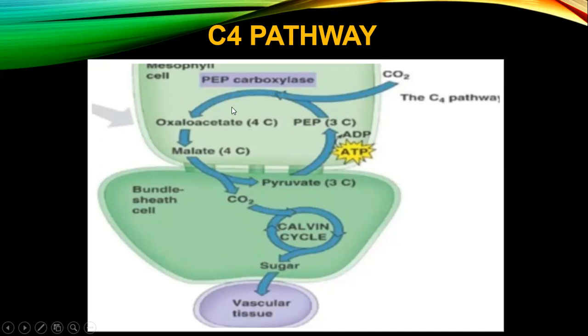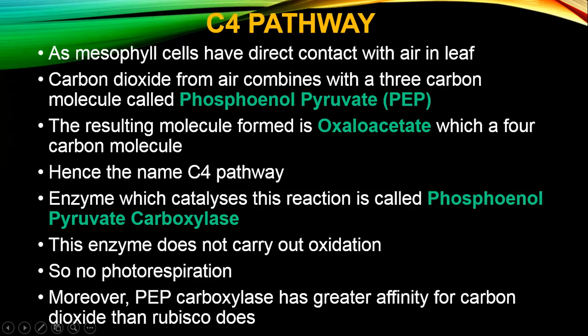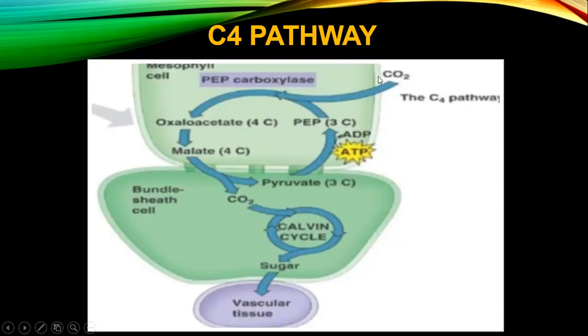Okay, now remember that over here, I will come to this later on. The reaction of carbon dioxide with phosphoenol pyruvate is catalyzed by an enzyme which is called phosphoenol pyruvate carboxylase. Okay, phosphoenol pyruvate carboxylase is the enzyme which catalyzes the reaction of carbon dioxide with phosphoenol pyruvate. So now we'll come back to this.